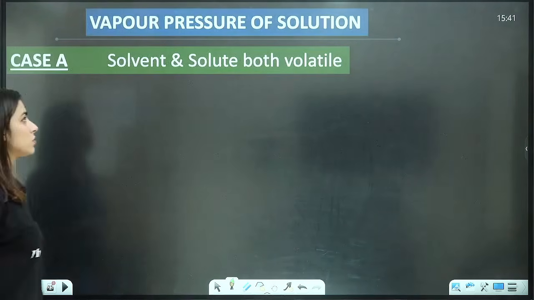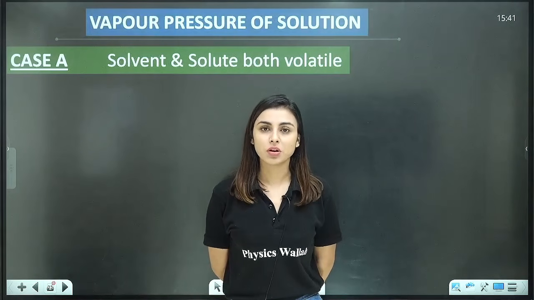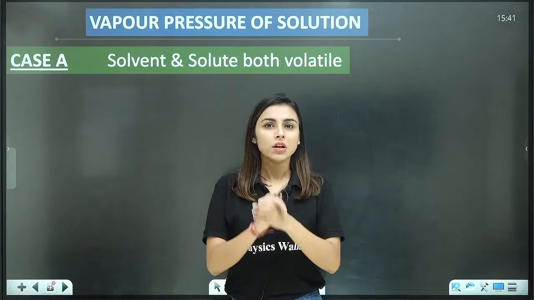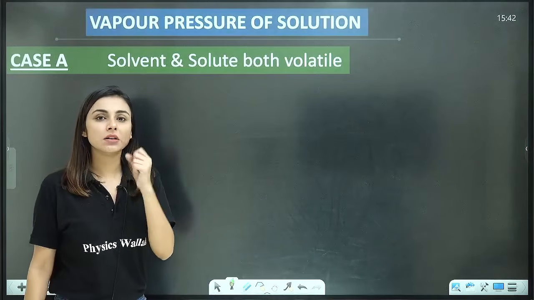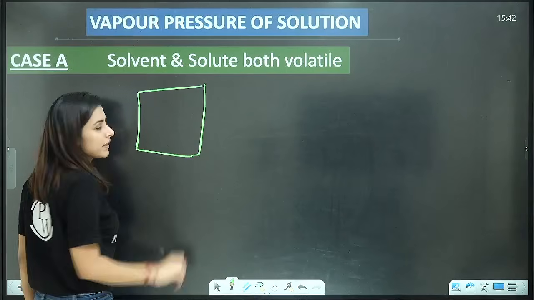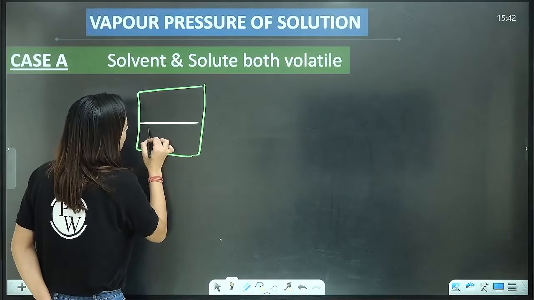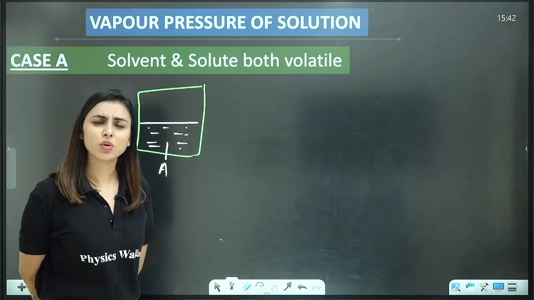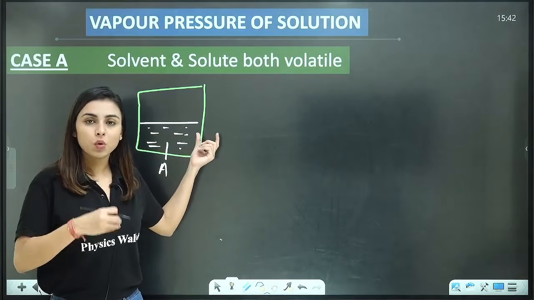Now we are going to talk about the vapor pressure of a solution. How are we going to talk about it? We are going to talk about Raoult's law. What is Raoult's law? Let us understand that, my dear students. Now, if you consider a normal solution, let us say you have this closed container, and you have only and only one liquid solvent, let us say A. You have only one liquid, which is A. Now, what would be the vapor pressure?